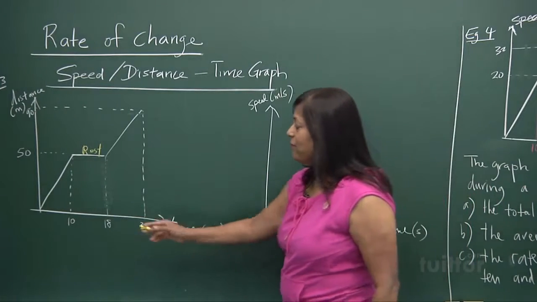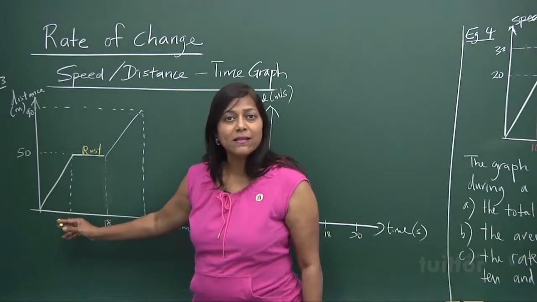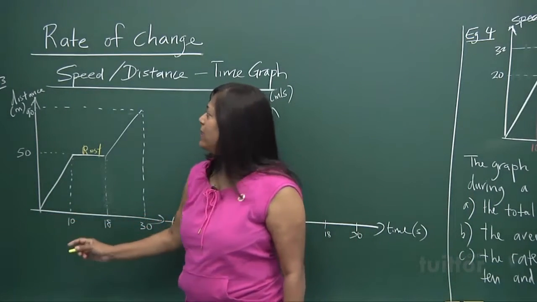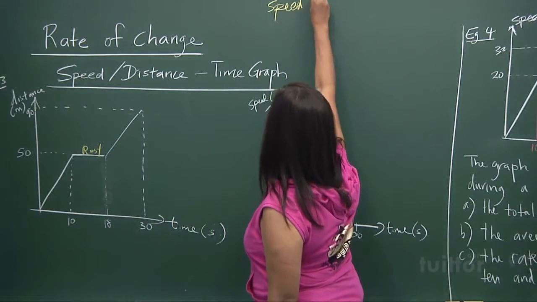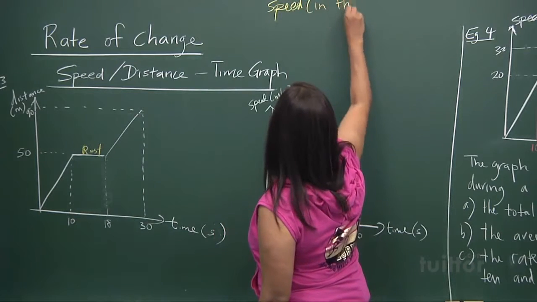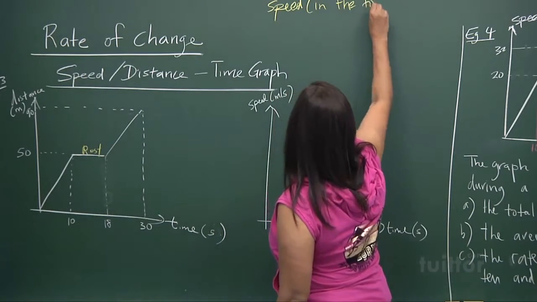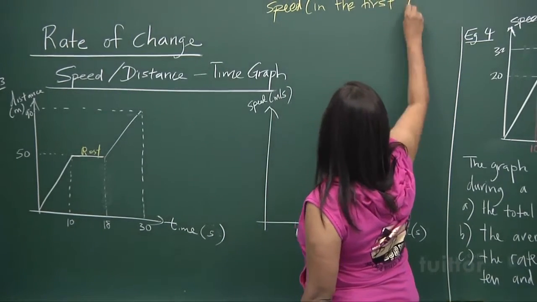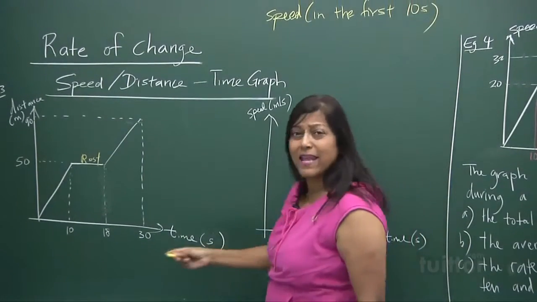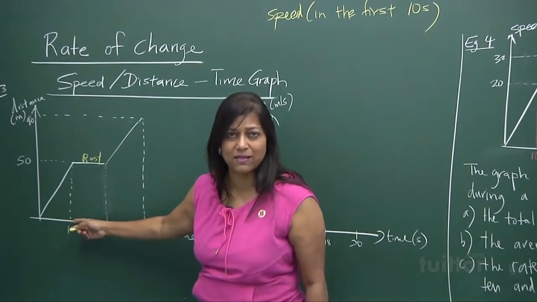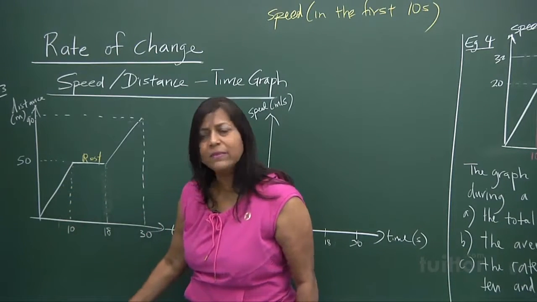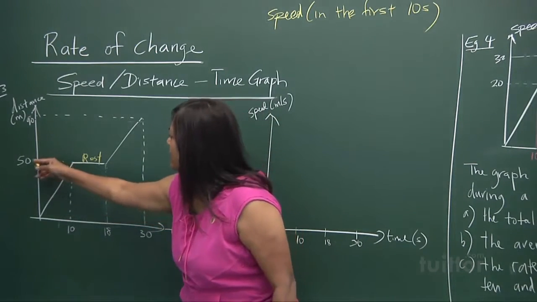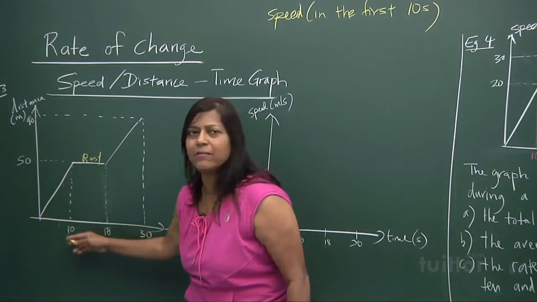If you look at the first 10 seconds, what is the speed? You'll notice that the speed is the same, it's a constant speed. If I asked you about 8 seconds, it's still the same. Speed is equal to distance over time.